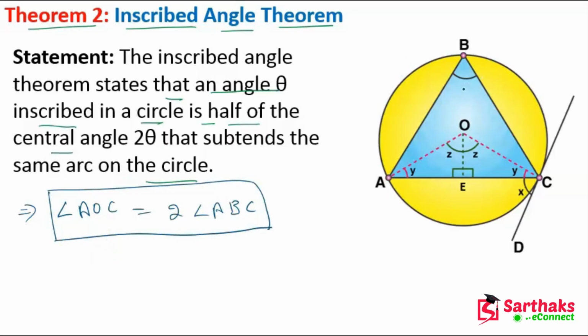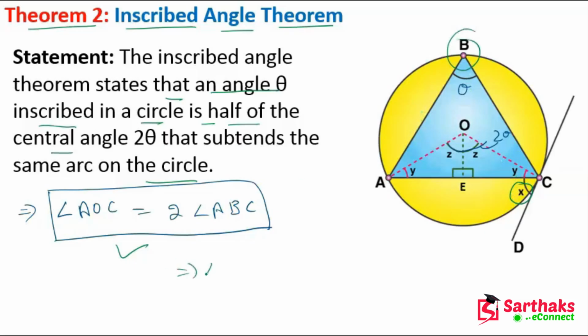So if this is theta, then it is 2 theta. Now, my dear friends, let's see the proof of this theorem. According to theorem number 1, we can say that this X is equal to this angle.